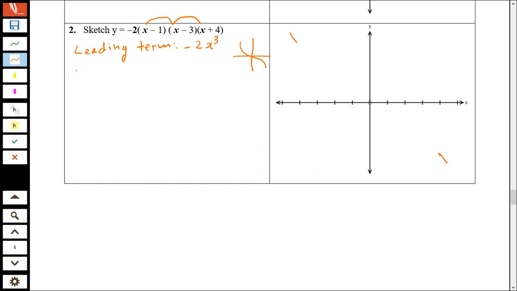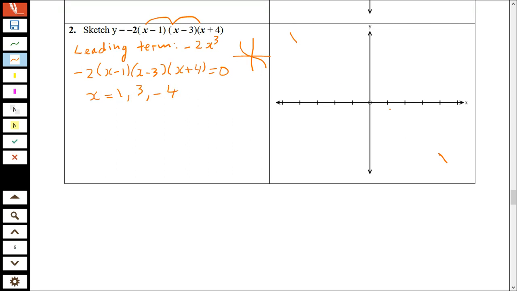Good. Now, what about finding the zeros? So you're just going to put the equation equal to 0. And just from inspection, you can see that x equals 1, 3, and -4.